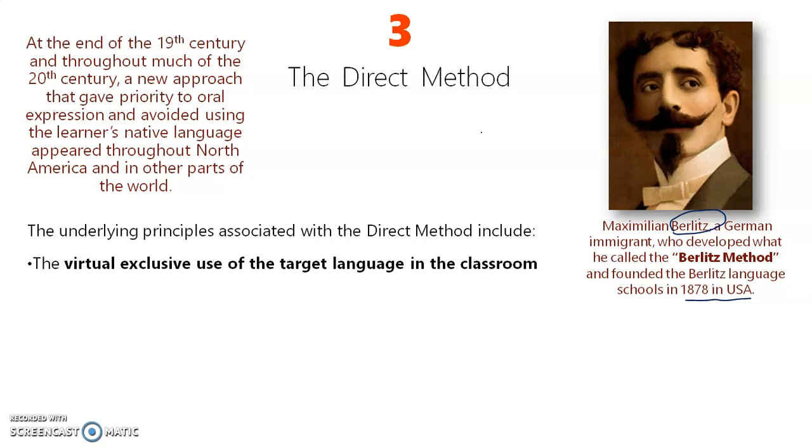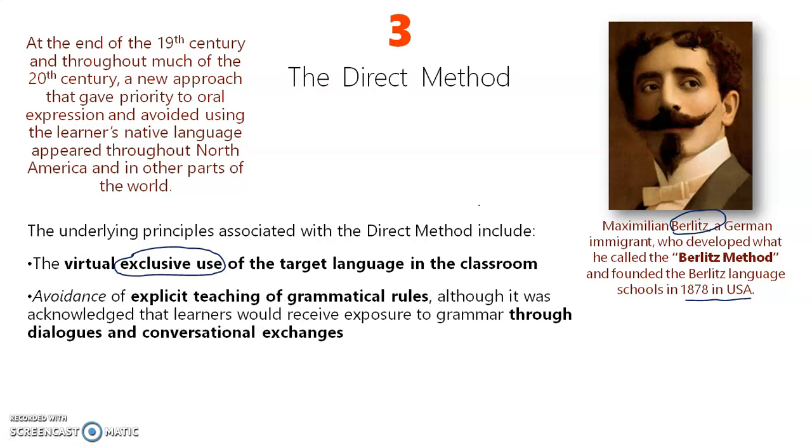The underlying principle of this method is that there should be an exclusive use of the target language. That is, the teacher should not refer to the first language at all inside the classroom. Notice how this is totally opposite to the two methods we talked about first, which included translation. However, this method did not include L1 at all, not even in speaking inside the classroom.